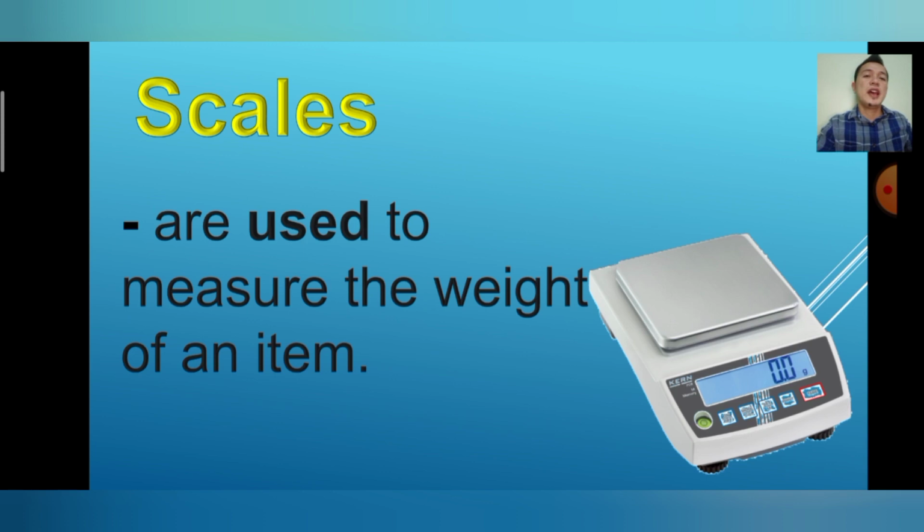It's only one. Scales are used to measure the weight of an item. Like for example, if you're buying something, you're buying rice. You went to the market. You went to Talat to buy something like vegetables. You were going to weigh that certain vegetable to what?